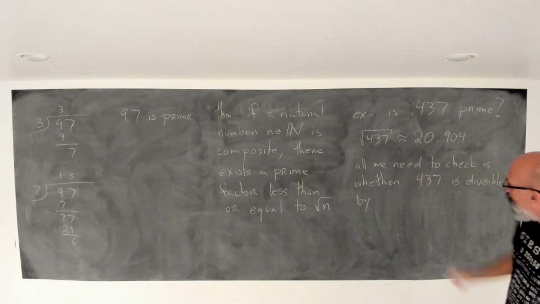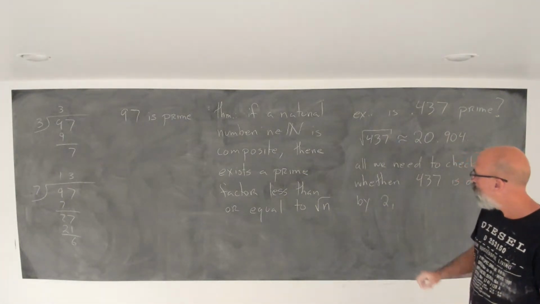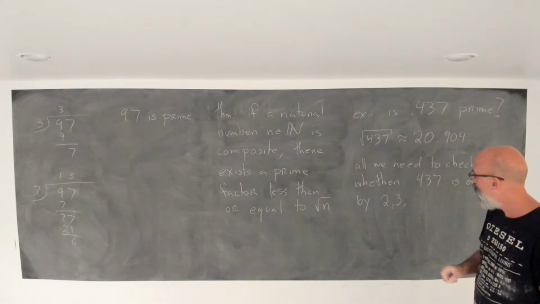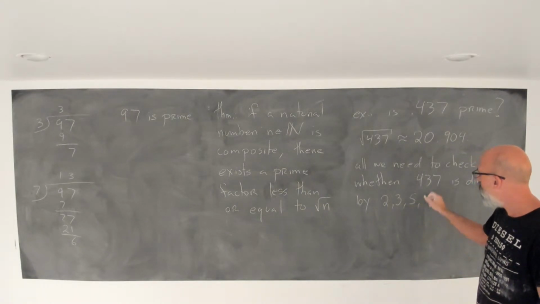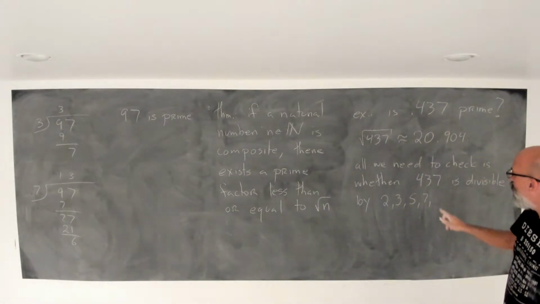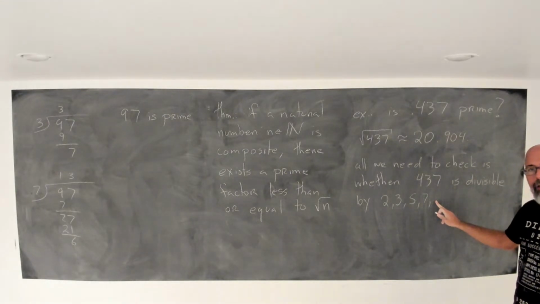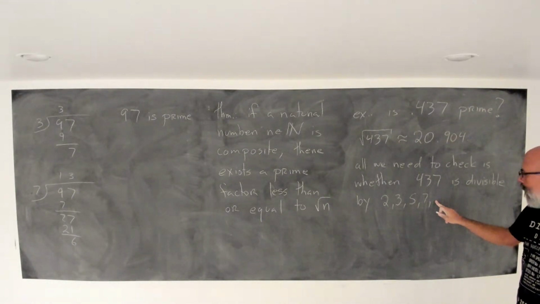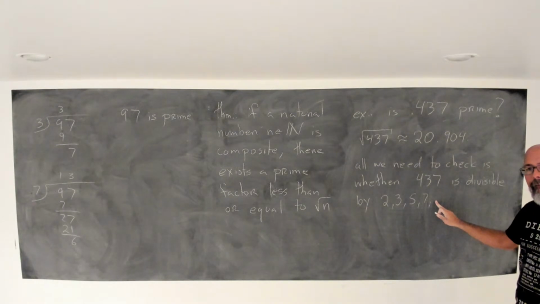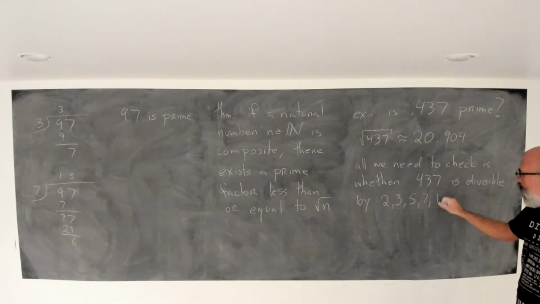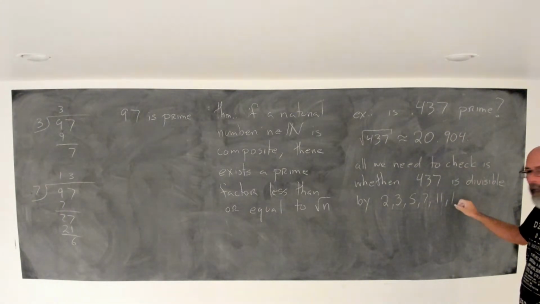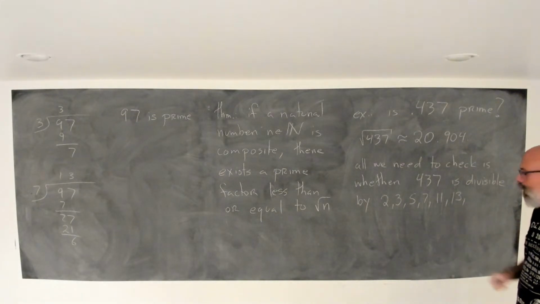What are they? 2, 3, 5, 7. What's the next prime after 7? 11, thank you. Followed by 13.